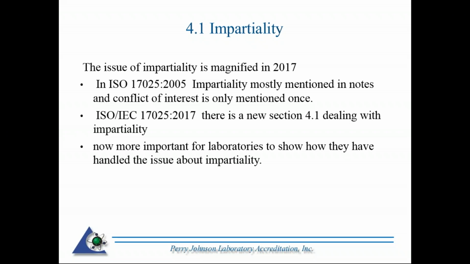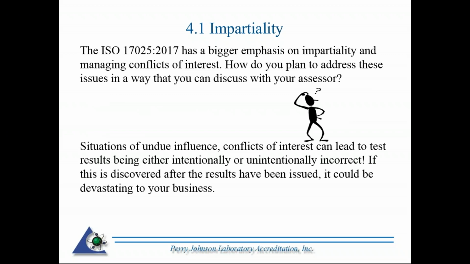So again, 4.1 is dealing with impartiality in the 2017. And I believe when we're done here, you'll see it's more important for laboratories to show how they have handled the issue of impartiality. So with that being said, there is a bigger emphasis on impartiality and management of conflict of interest.